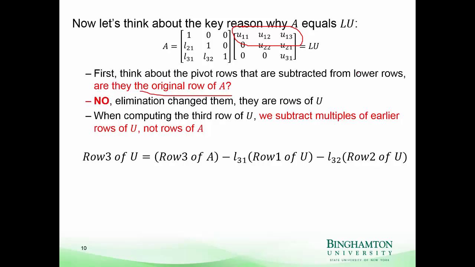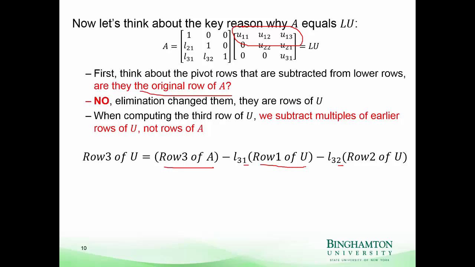And here we show the equation for row 3 of U. Row 3 of U is going to be row 3 of A. So that's the row we're trying to modify, and then we've got 2 zeros that we need to zero out, the one in the first position and the one in the second position.